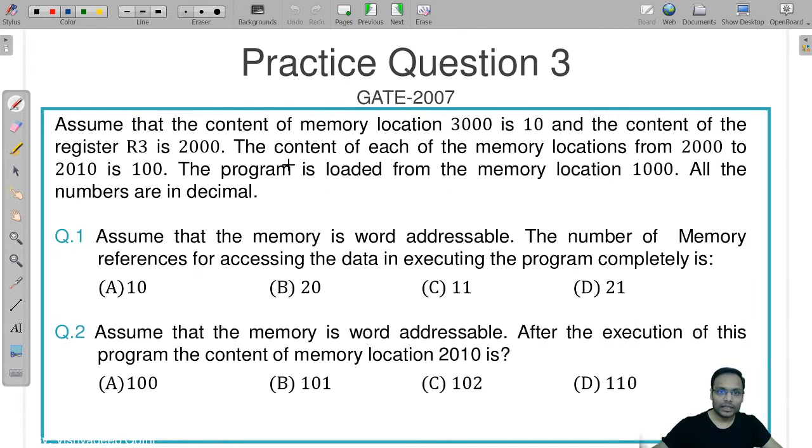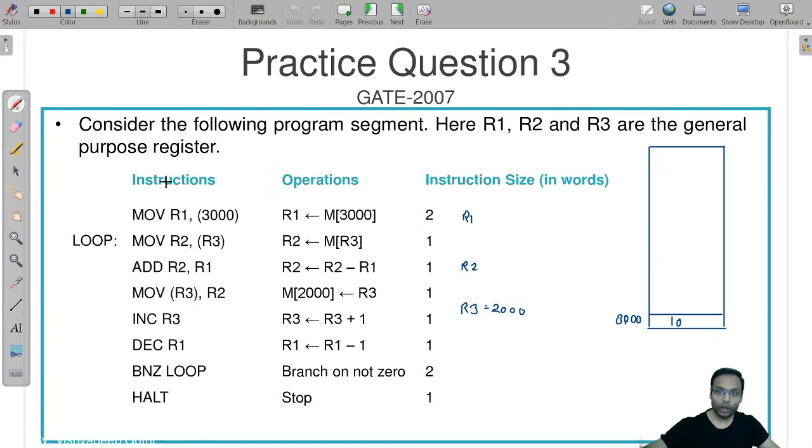Further it is given that the content of each of the memory locations from 2000 to 2010 is 100, meaning all the locations starting from 2000. Let's say this is my location 2000, containing value 100. Next 2001 has value 100, 2002 has value 100.